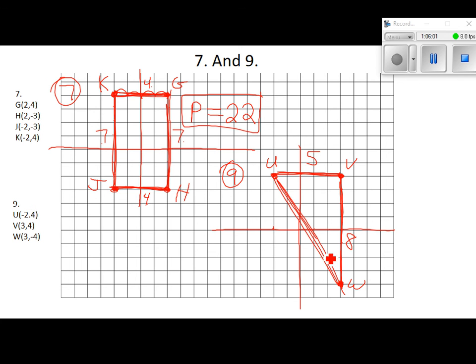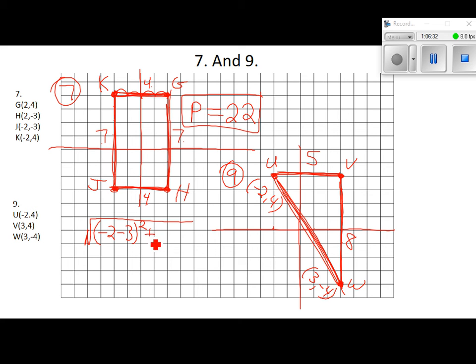UW though, we can't just count. We actually have to use the distance formula. We know U is negative 2, 4, and W was 3, negative 4. So we're going to use the distance formula to find the length of it. Our x's are negative 2 minus 3.